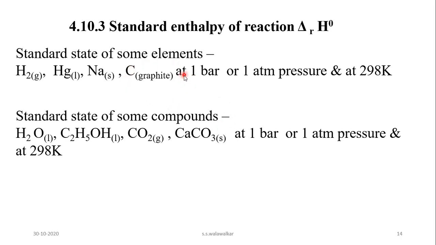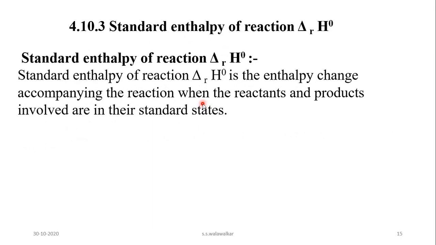So like this, while writing a chemical reaction, you have to mention the standard state, and therefore you can define standard enthalpy of reaction like this. Standard enthalpy of reaction is the enthalpy change accompanying the reaction when the reactants and products involved are in their standard state. And what is the standard state?